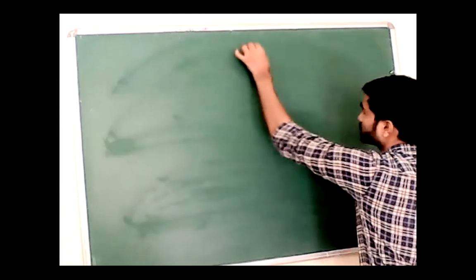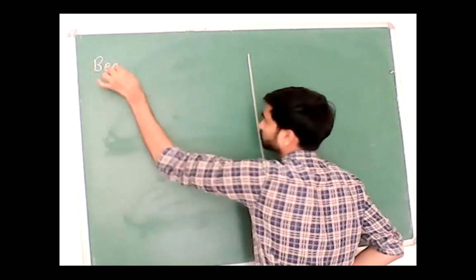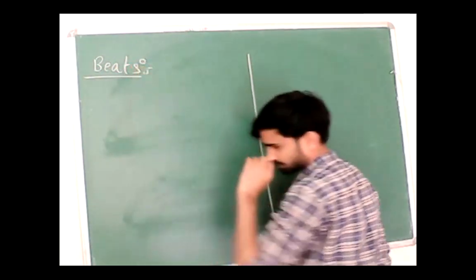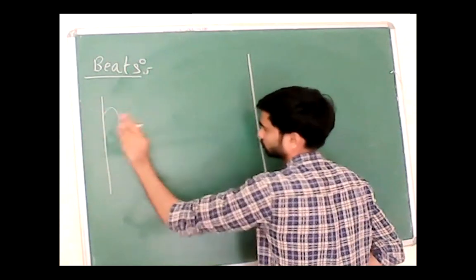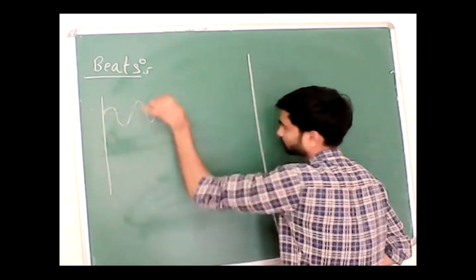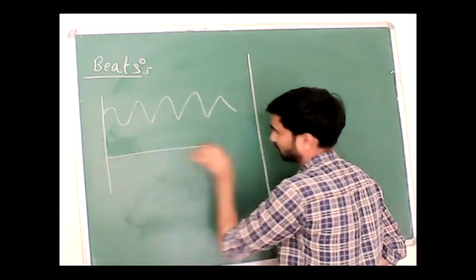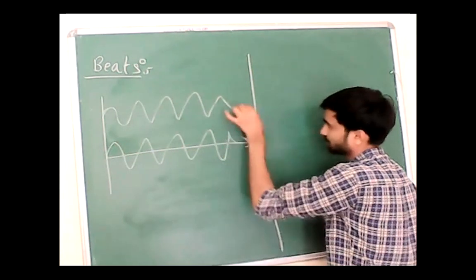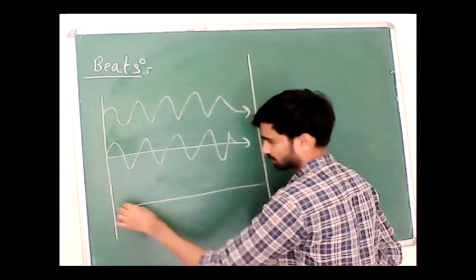So our topic is beats. In beats, what happens when two waves of same amplitude but different frequencies are traveling in same direction, they form a structure like this.